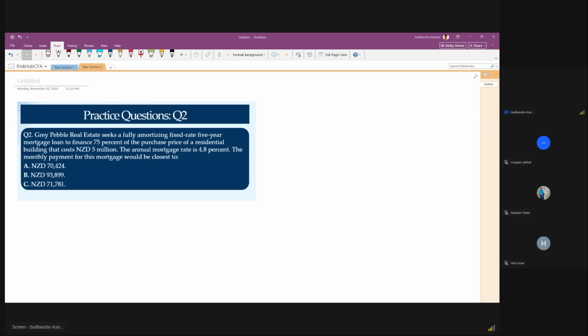Now in this part, what are we trying to find out here? Read the question. The question says, Gray Pebble Real Estate seeks a fully amortizing fixed rate 5-year mortgage loan to finance 75% of the purchase price of a residential building that cost NZD, New Zealand dollar 5 million.